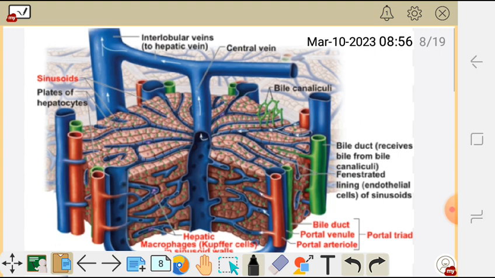So that's where blood flows from the portal triad to the central vein, and it runs in between these brown cells, which are called hepatocytes.